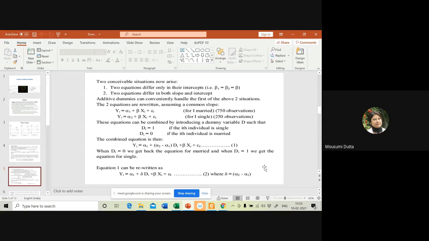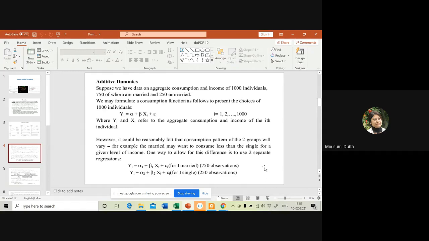Two conceivable situations now arise when I'm writing these two equations: yi is equal to alpha 1 plus beta 1 xi plus epsilon i, and yi is equal to alpha 2 plus beta 2 xi plus epsilon i. Two possibilities are there. When I am moving from one group to the other, the MPC is not changing.